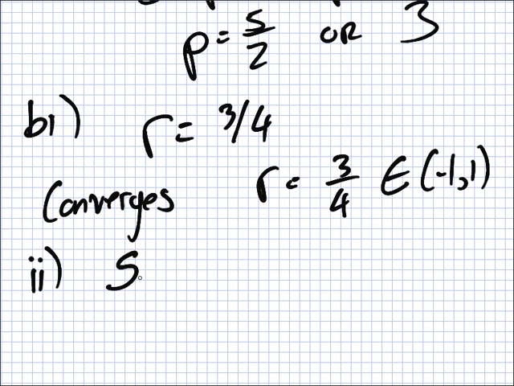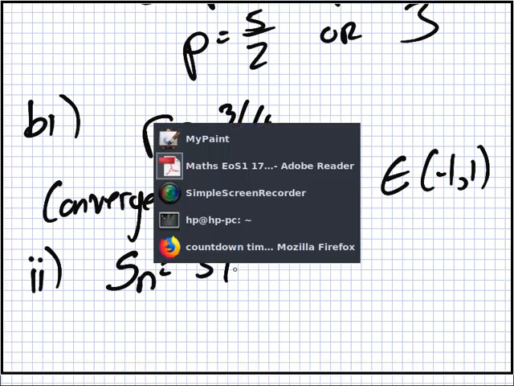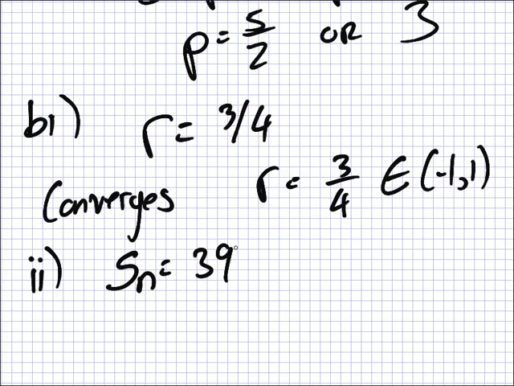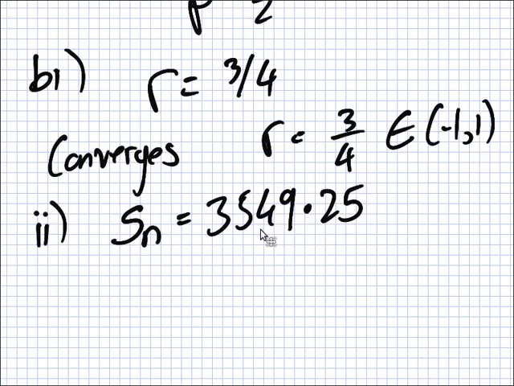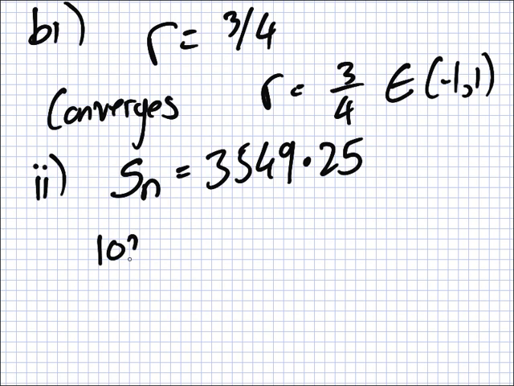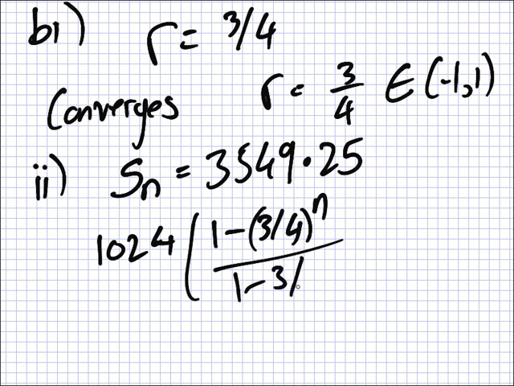So you basically want to solve Sn equals 3549.25. So a, which is 1024, over 1 minus r, times 1 minus r to the n, should equal 3549.25.